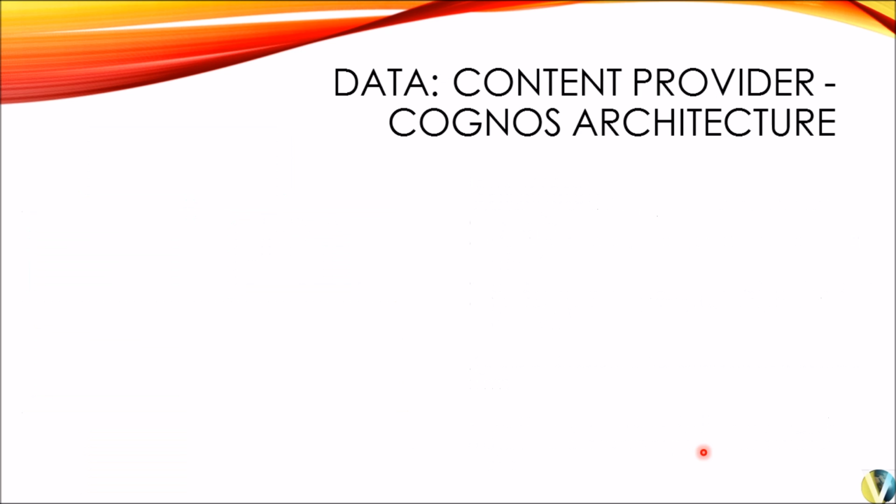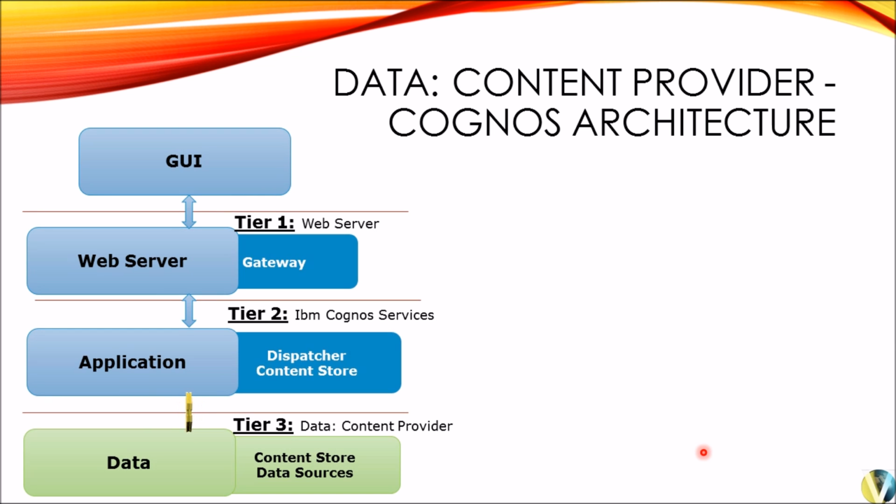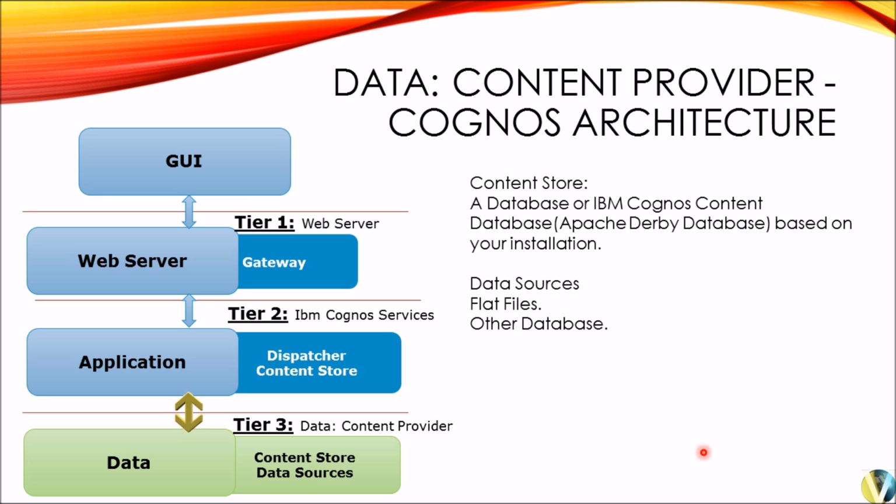Now the final tier, the database server or database tier. What are the roles and responsibilities of a database server? The database server is just responsible for storing data in a database or flat files. So the database server contains your content store or other databases, your business related databases or your data warehouse.